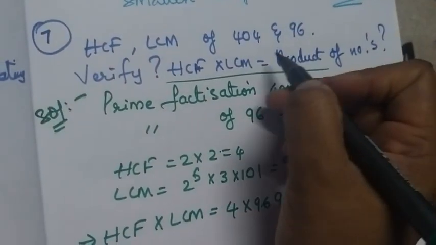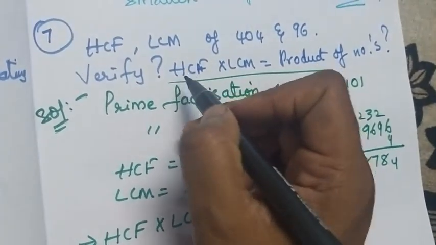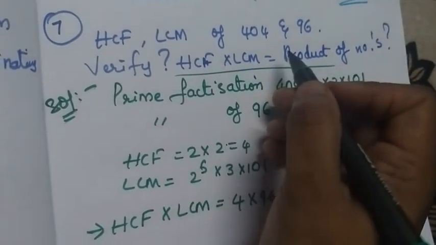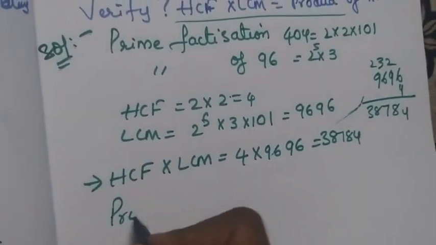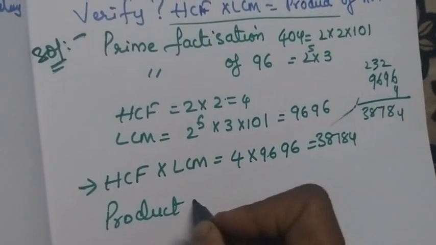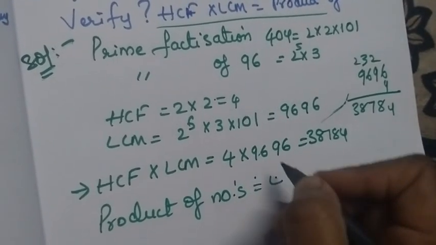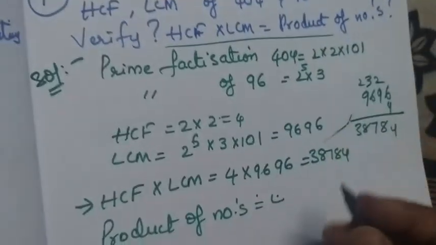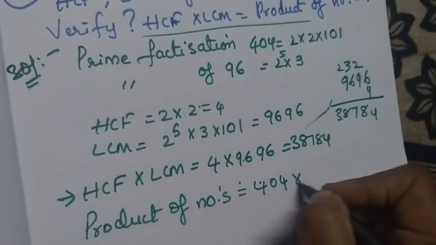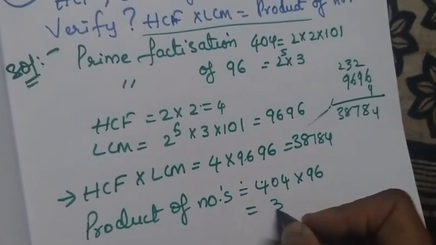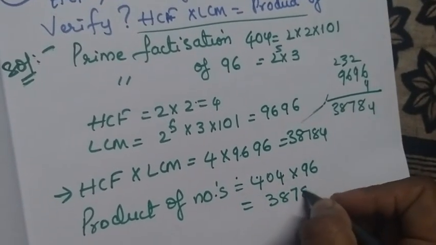We have to verify, children, as given in the question, that the product of the numbers also has the same value. So we have to find the product of 404 and 96. After multiplication you will get 38784.